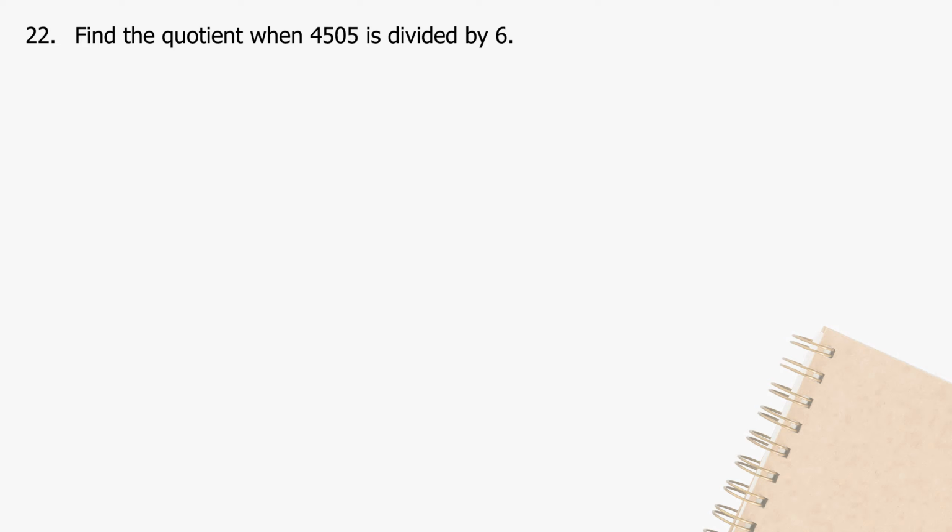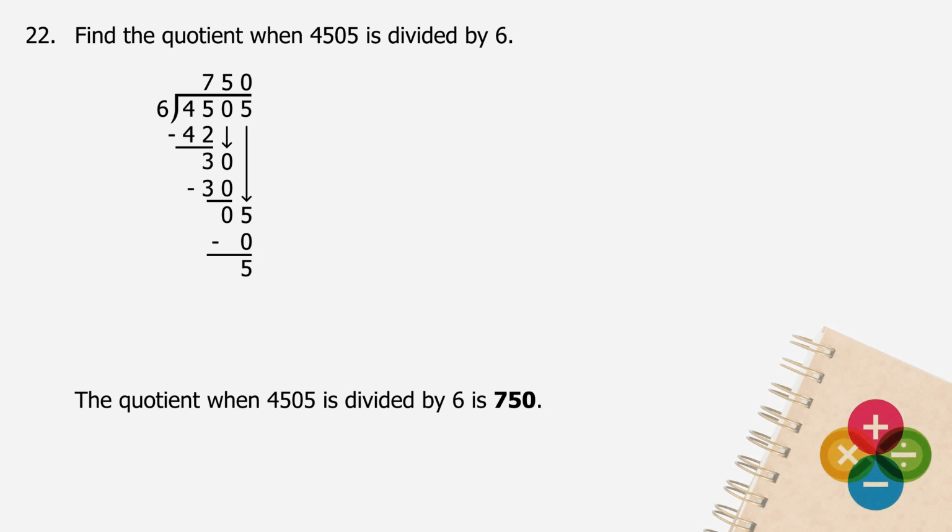Question 22. Find the quotient when 4,505 is divided by 6. The quotient when 4,505 is divided by 6 is 750.